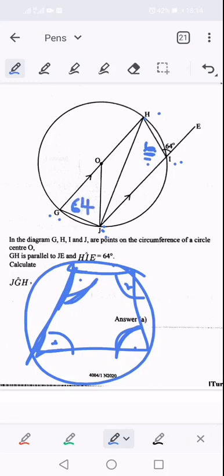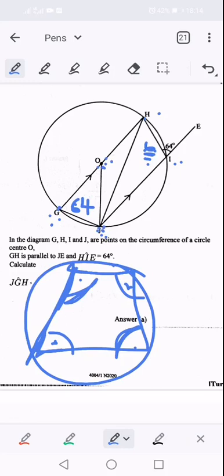So it's 64. Then looking from here to O is a radius, and from J to O is a radius. G to O is a radius again. Two radii always form an isosceles triangle.